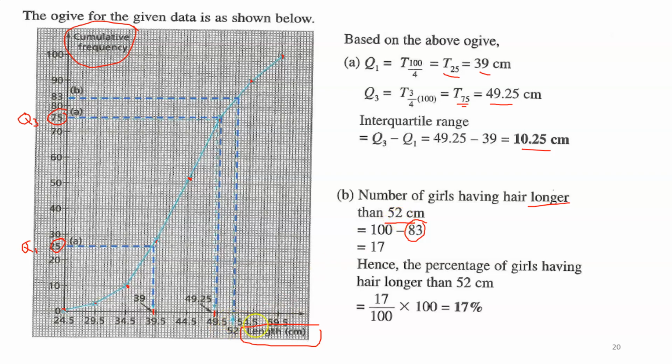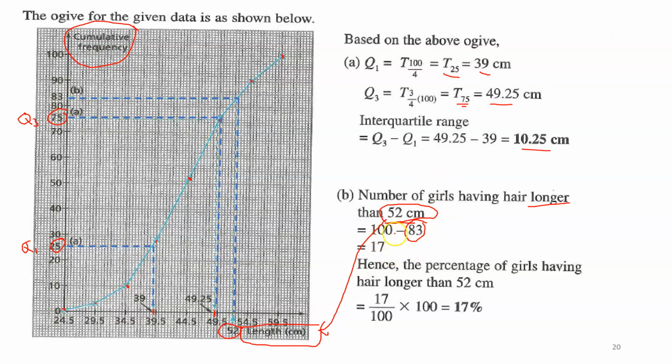You cari 52 tu dari bawah sini, x-axis kan 52 centimeter. Bukan cari 52 dari sini. Sebab dia 52 centimeter. So you need to find it from down here, the x-axis. So connect the line up until here, bawa sambung, then you get, oh, 83 rupanya.